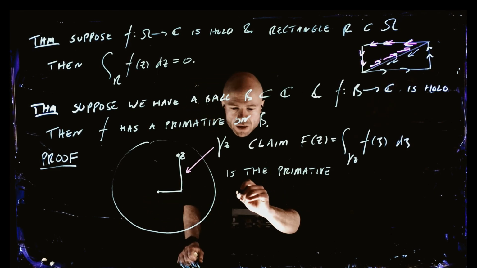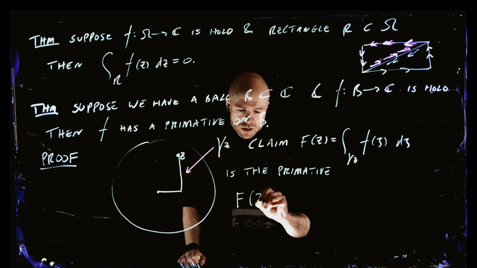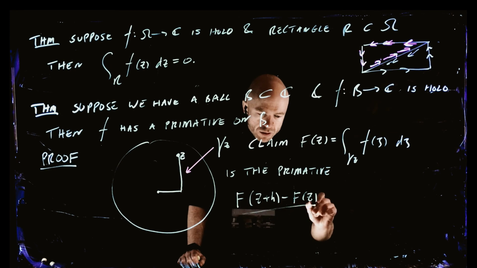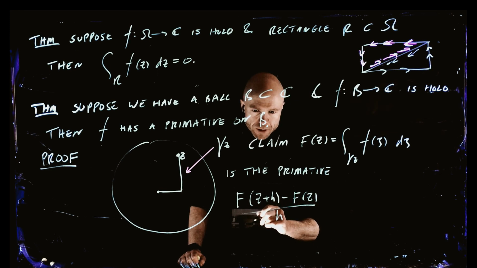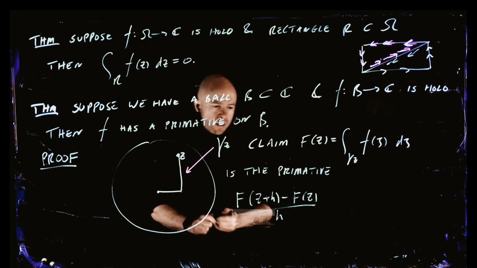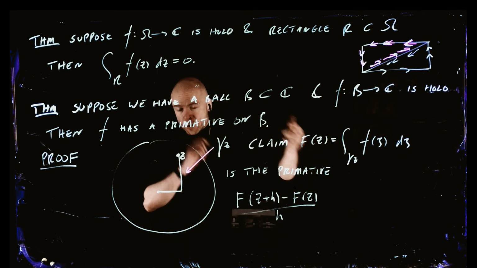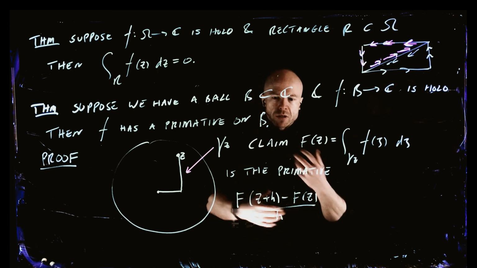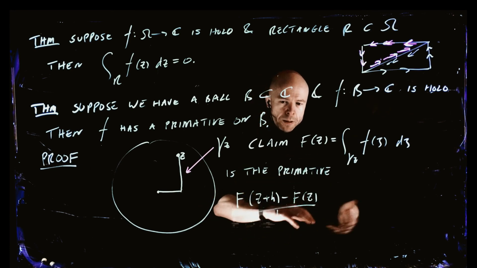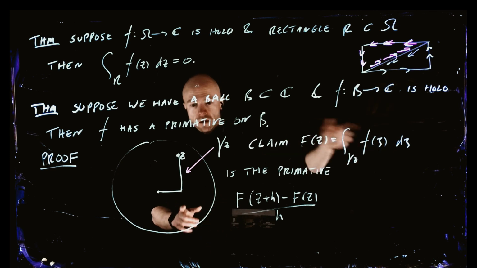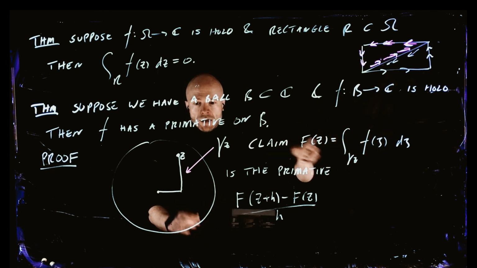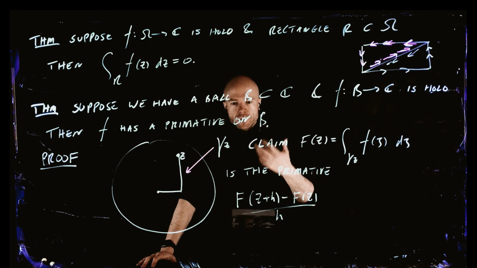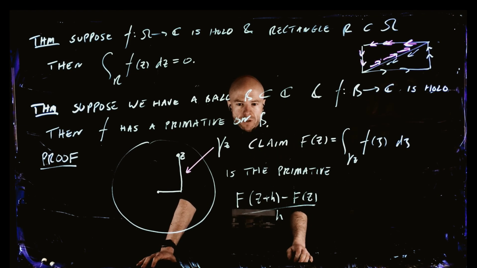Well, you'd have to try and understand F of z plus h minus F of z, over h, and take the limit as h goes to 0. But I claim that from this definition and from what you've learned already, if you look at this quantity carefully enough, you can understand that as h goes to 0, it will tend to just little f. It'll actually fall out from the pictures if you look at them and draw them carefully.